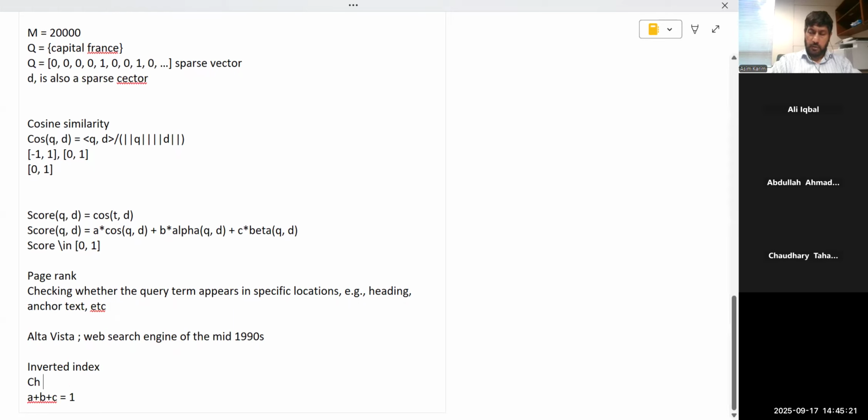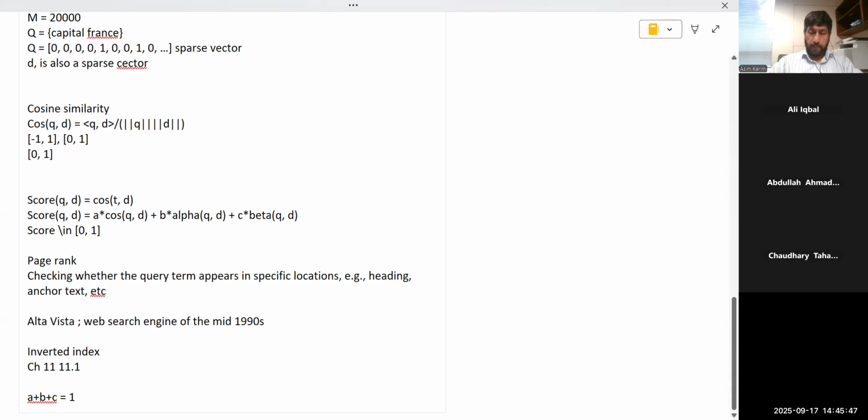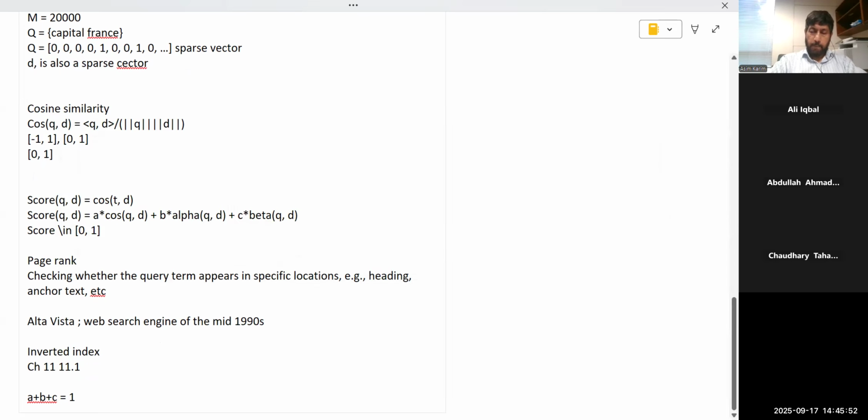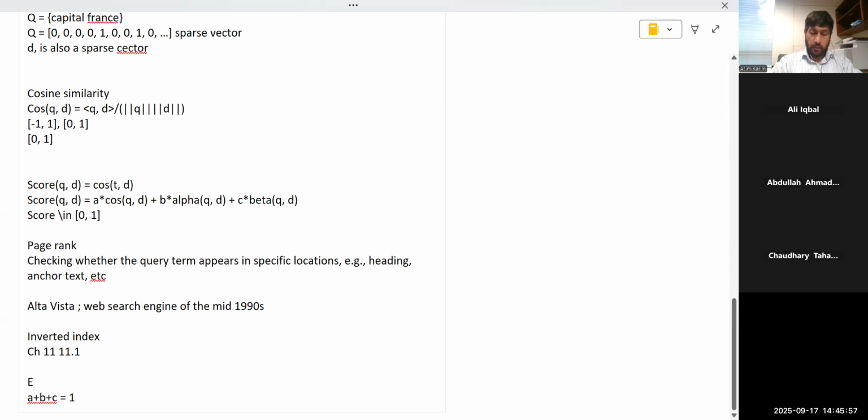So by the way, this is chapter 11 of your book, and we are going to only focus on 11.1 and 11.2 right now. 11.3 is on RAG, which will come back later on. All right. So now let's move on to evaluation.